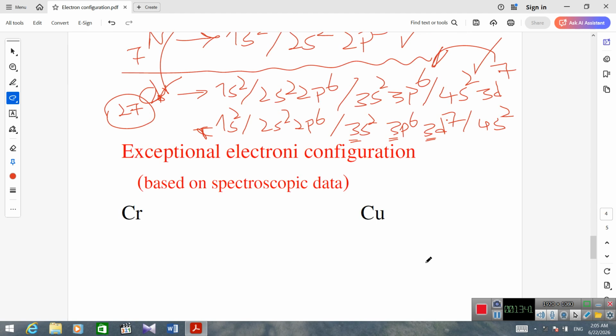And finally, I want to explain another thing: exceptional electronic configuration. In some cases, electron configuration doesn't follow Aufbau principle based on spectroscopic data, like chrome, atomic number 24, and copper, atomic number 29.